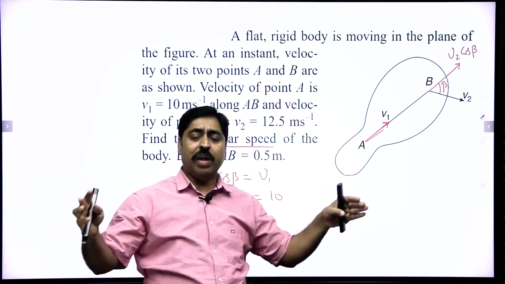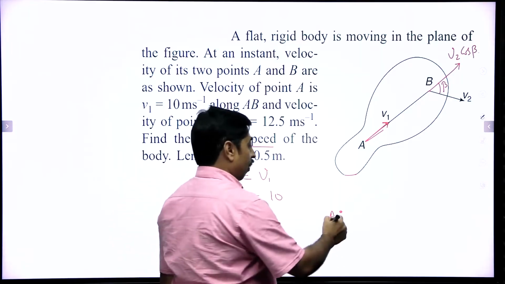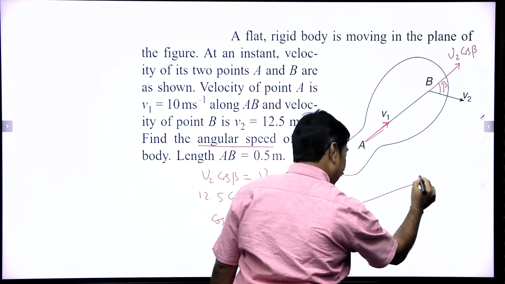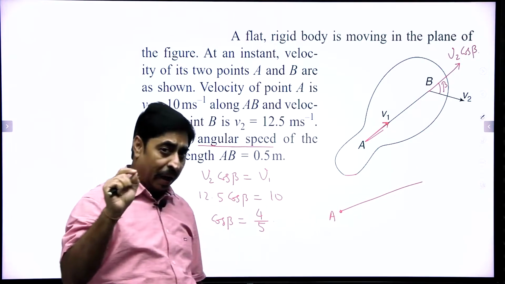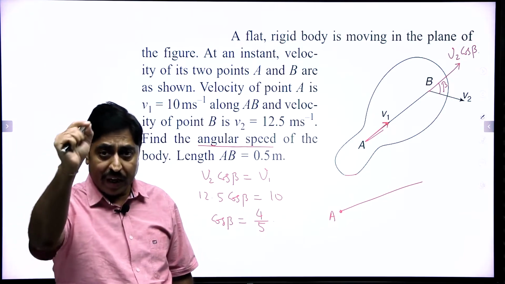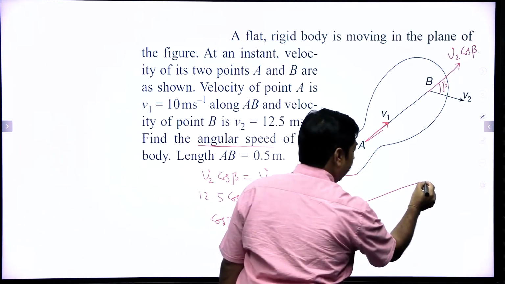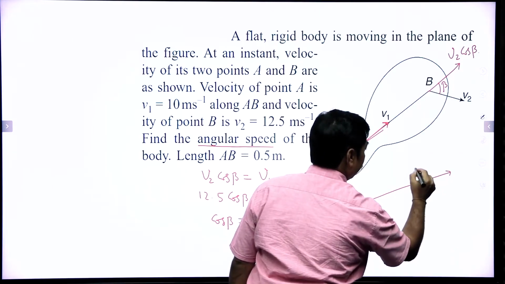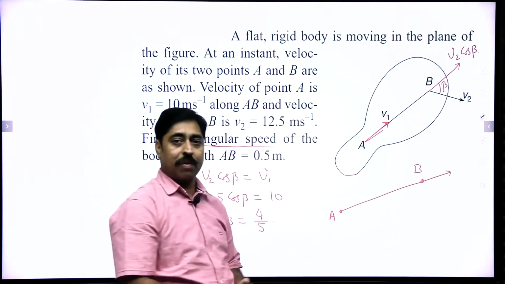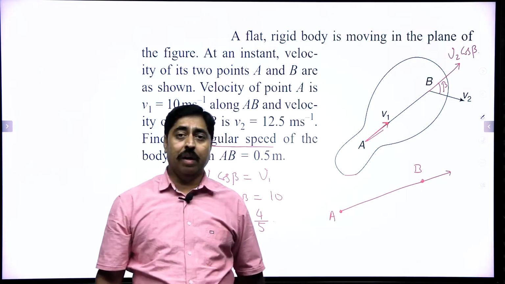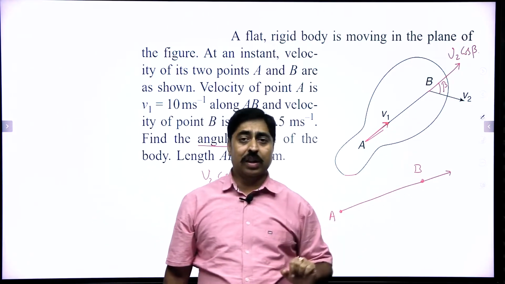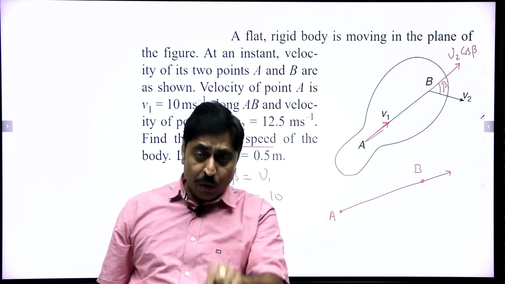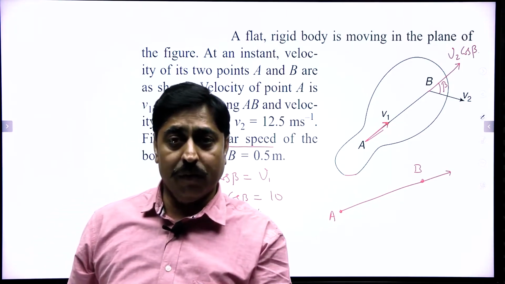Let us say this is an independent particle A. With respect to A, mind my language, with respect to A, if another particle B is moving like this, suppose with respect to A, another particle B is moving along this line, will you say that B is rotating about A?